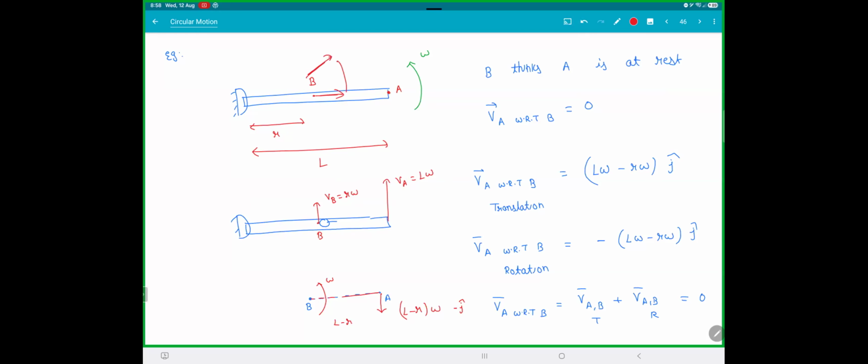Did you see B's head rotated? This gives you an illusion A has rotated backward. So the translatory relative velocity and the rotating relative velocity got cancelled. And that's why B will think A is not moving. I hope the explanation was clear. This is a good example to explain the relative velocity of translation and rotation.